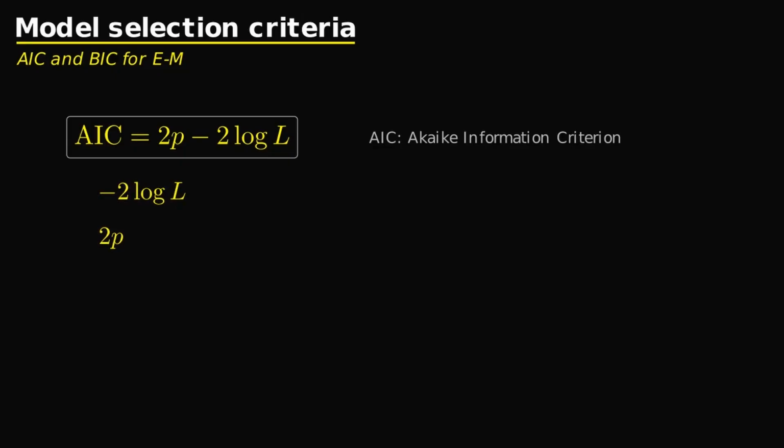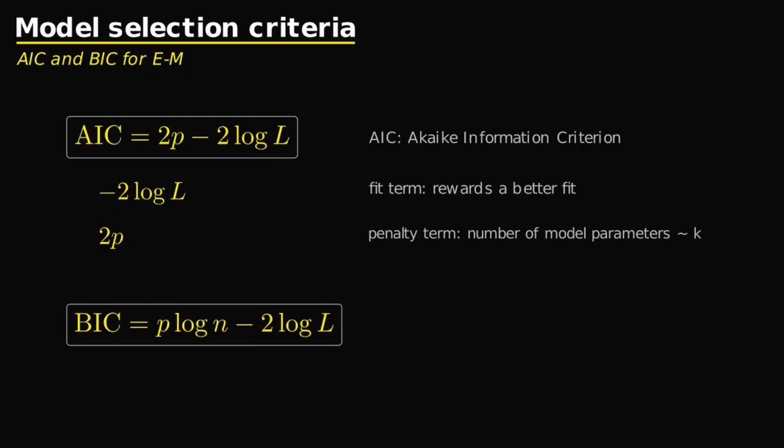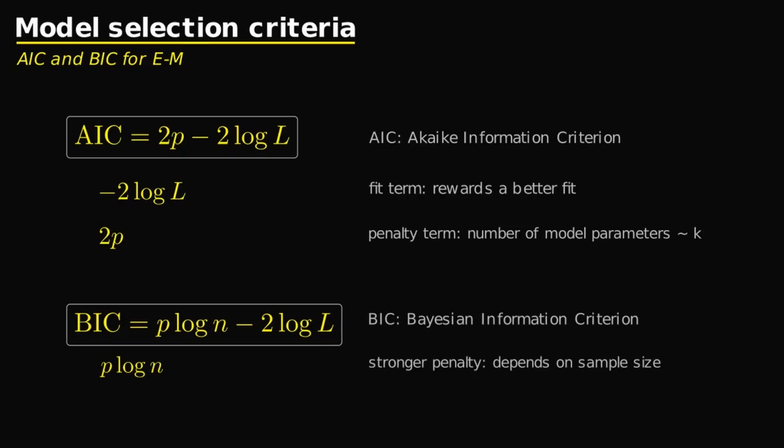The log likelihood rewards fit, while the number of model parameters penalizes complexity. The Bayesian information criterion, or BIC, follows the same idea, but uses a stronger penalty that depends on the sample size n. Here, p denotes the number of model parameters, and this quantity grows roughly with k.